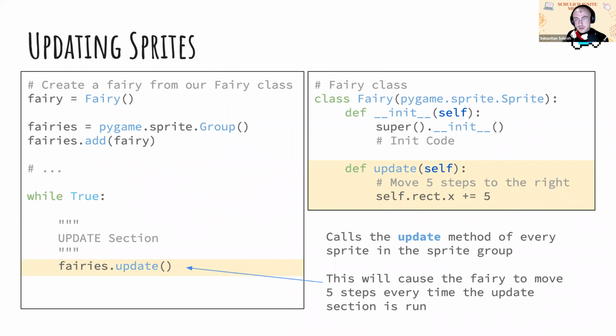I think it's key to understand that there's an update method in the fairy sprite class, but there's also an update method in the sprite group class. So we're calling it on the sprite group class in our update section. And this code will cause the fairy to move 5 steps every time the update section is run.